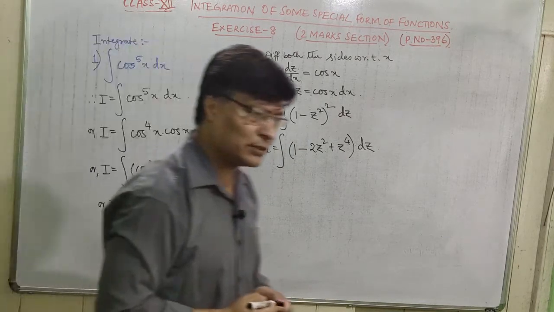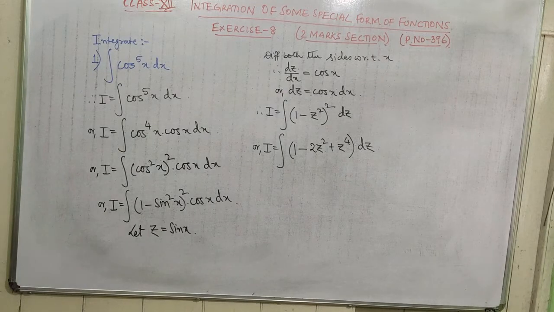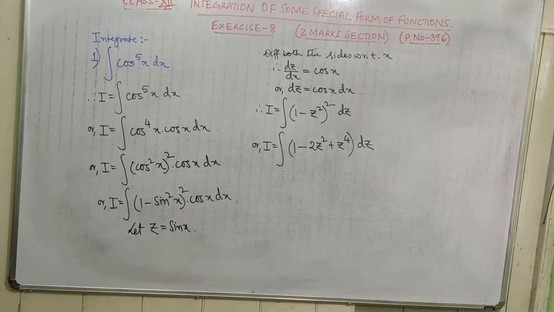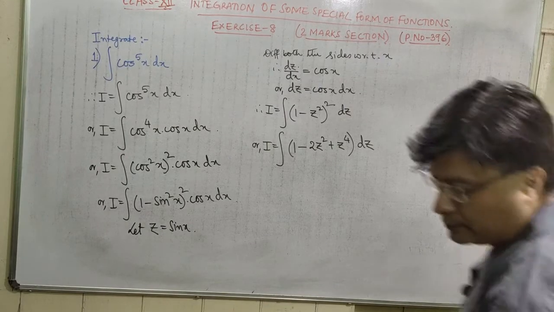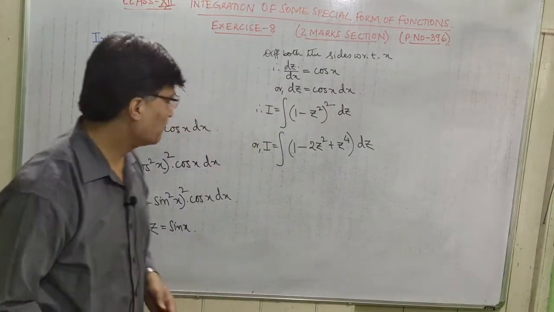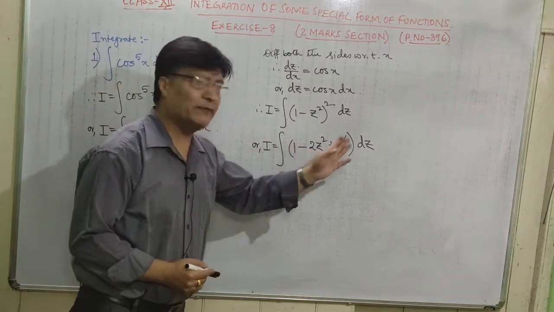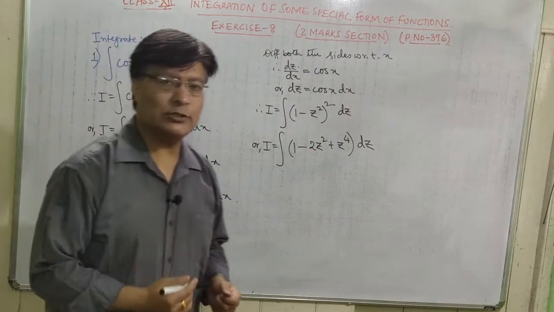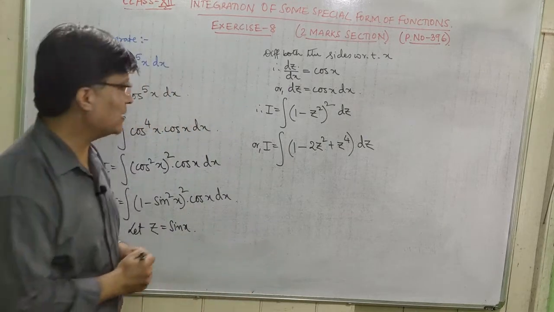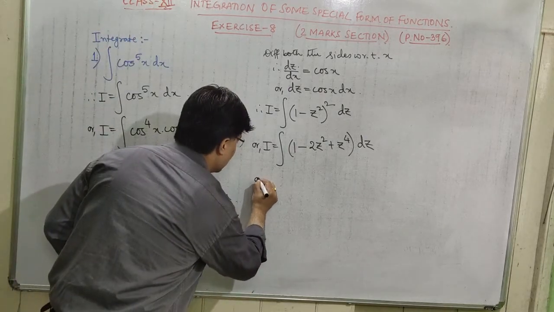Now we will separate the terms in this case. You can separate each and every term, that is, you can separate the integral sign and dz also. So let us separate the terms.